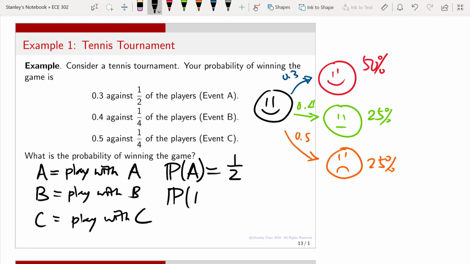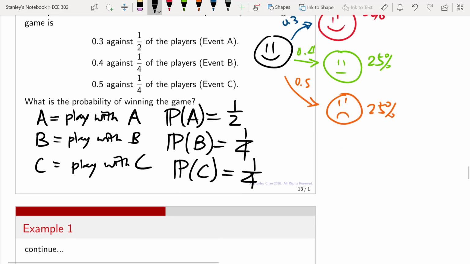Probability of playing against B is 1/4. Probability of playing against C is 1/4.